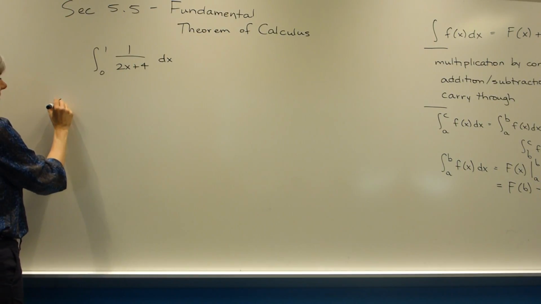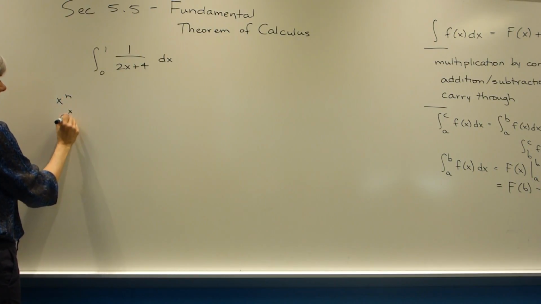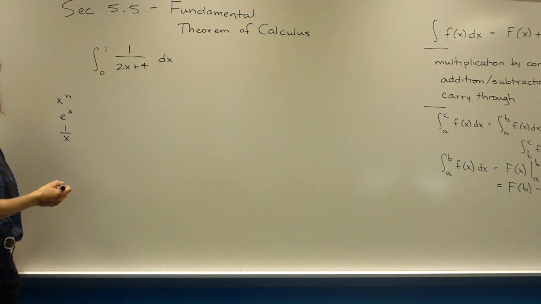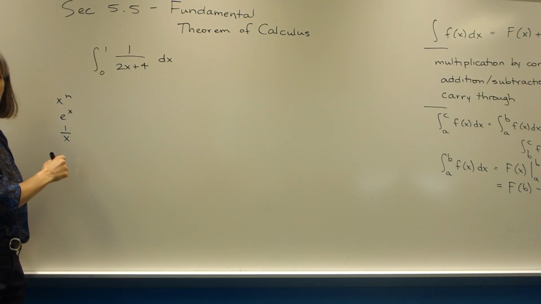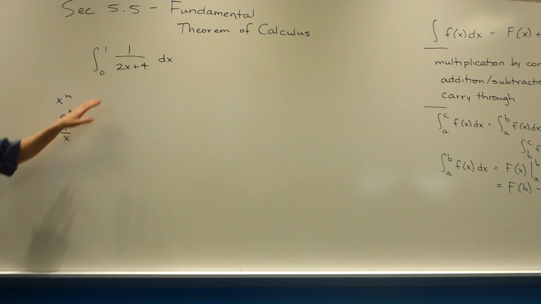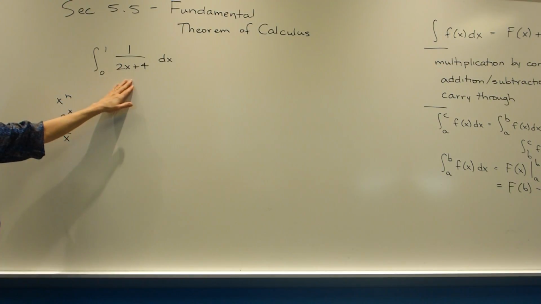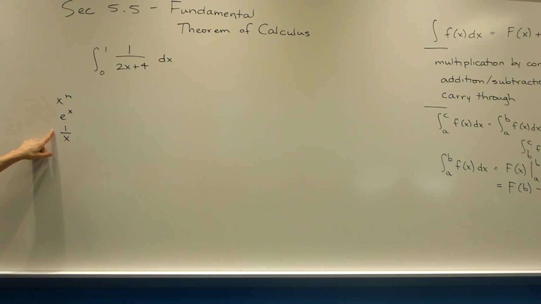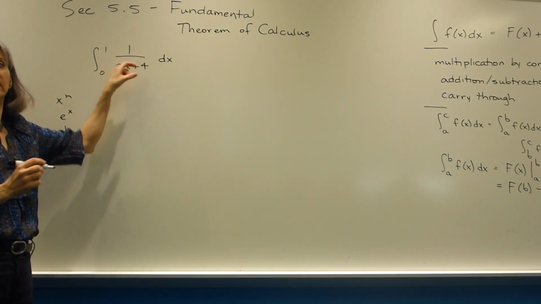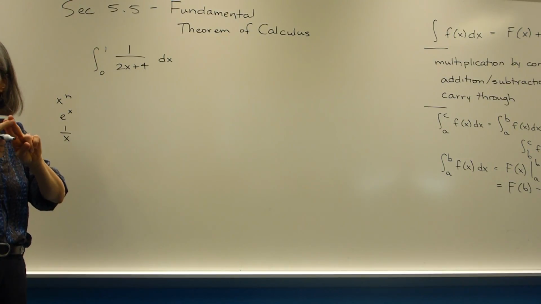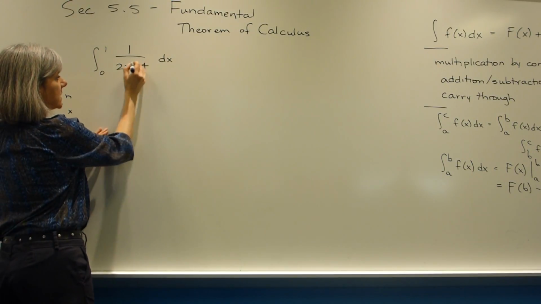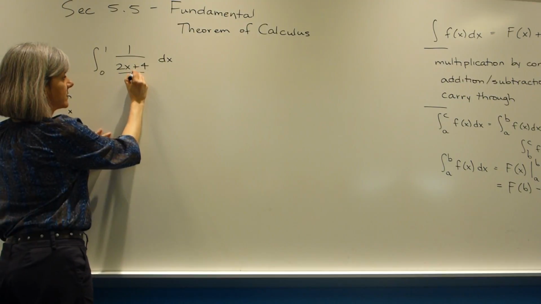Is it of the form x to the n, e to the x, or 1 over x? It's sort of getting to this, but is it any one of these exactly? No, so it's not a basic. So what is it? Of these three, what does this look most like? Looks like a ln because, and remember, whenever you have a denominator like this, you need to check. It could be a ln or it could be a power. The way you know is you take the entire derivative of the bottom.